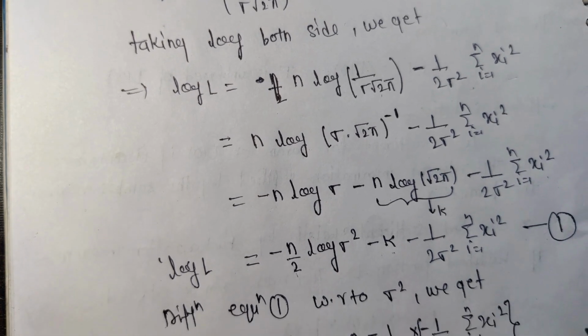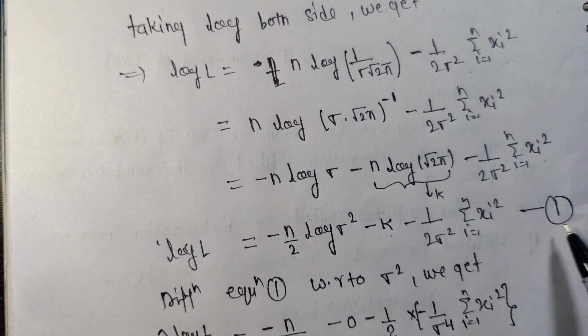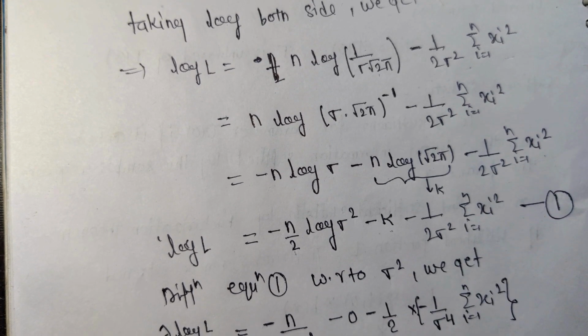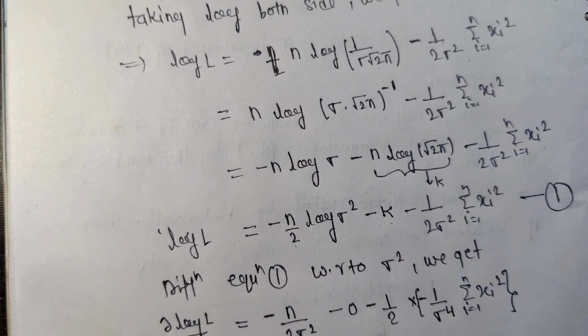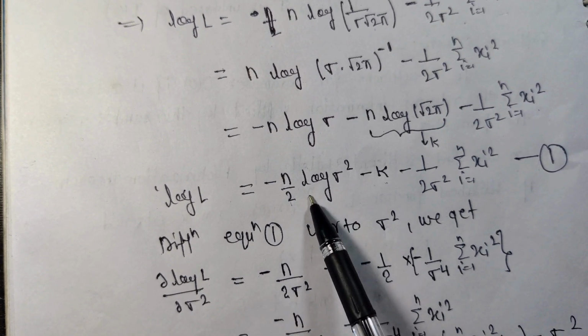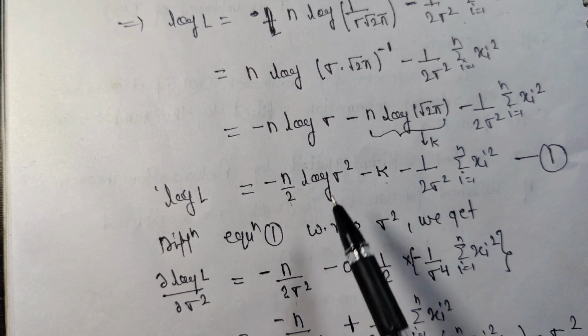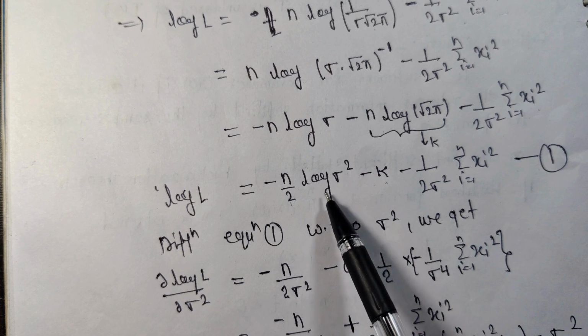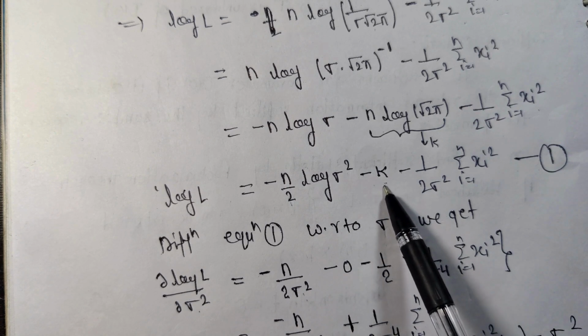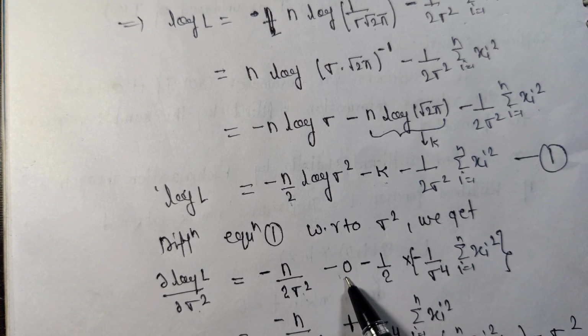The next step is differentiating equation number 1 with respect to sigma square, and we get the resultant: del log L by del sigma square is equal to, the first term is minus n by 2 and log sigma square, differentiating with respect to sigma square, it becomes 1 upon sigma square. Is it clear? And the second term, k, is a constant, so its differentiation is 0.